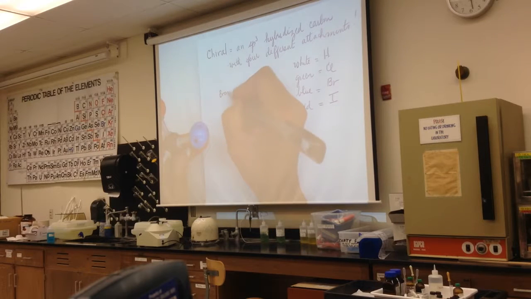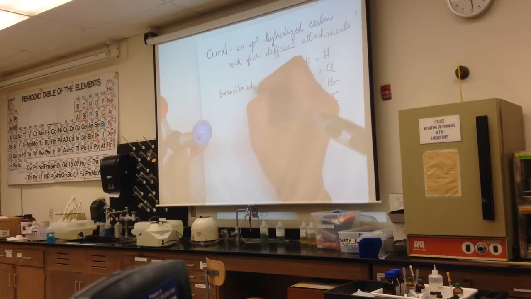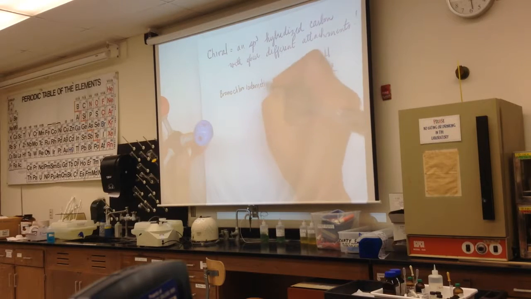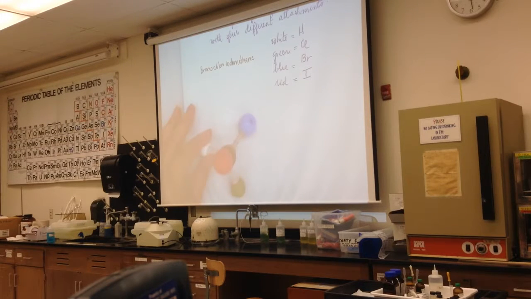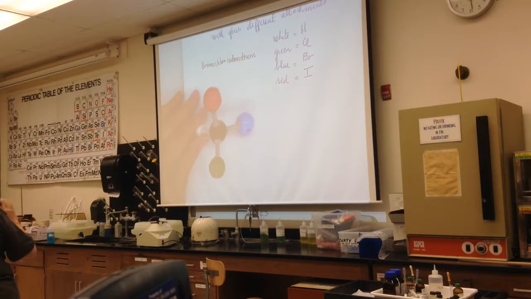I heard bromo. Iodomethane, right, like that. You're not going to get all the points for that on the test. For this one, that will be all you're going to get. If it's 3 points, you're probably going to get just 1.